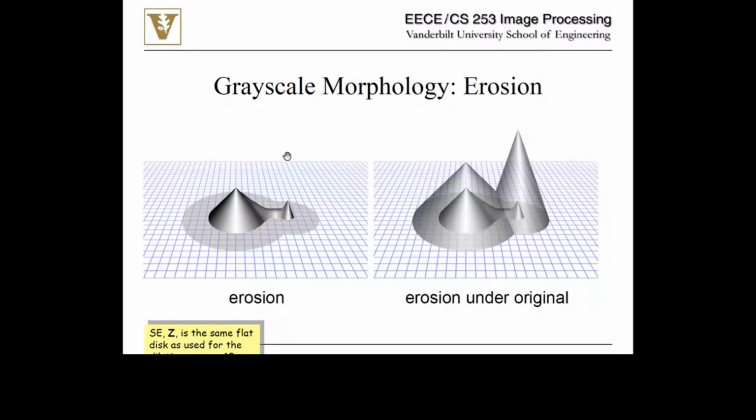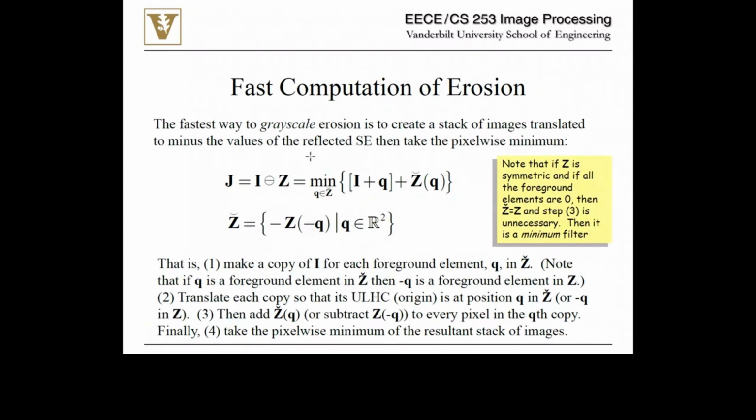So now we know how to compute the erosion. And there are other ways of computing the erosion. In the same way as in the convolution, you can keep the image fixed and move the kernel, or keep the kernel fixed and move the image. This is the expression for moving the image.